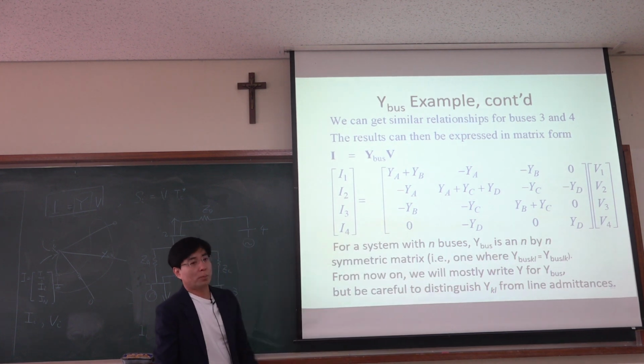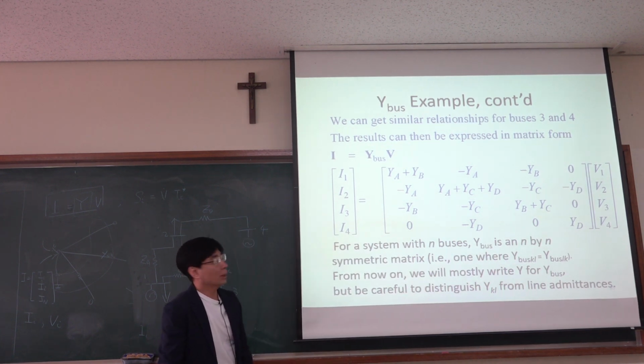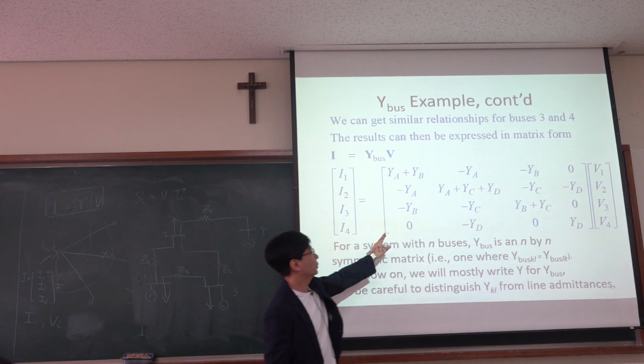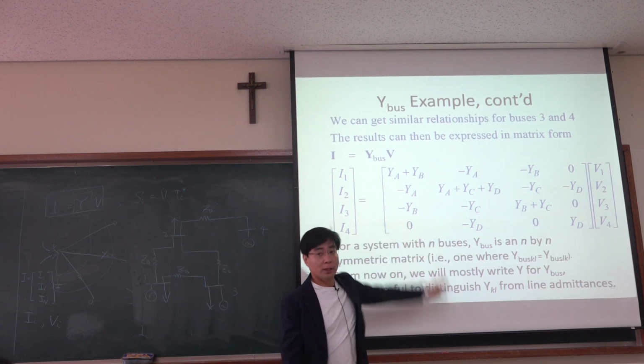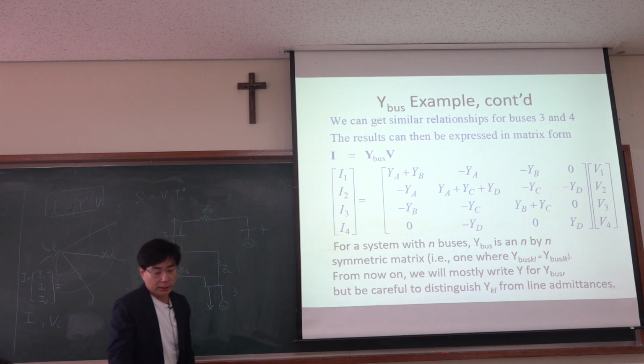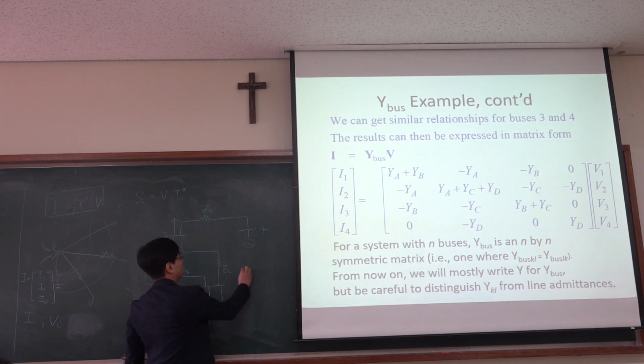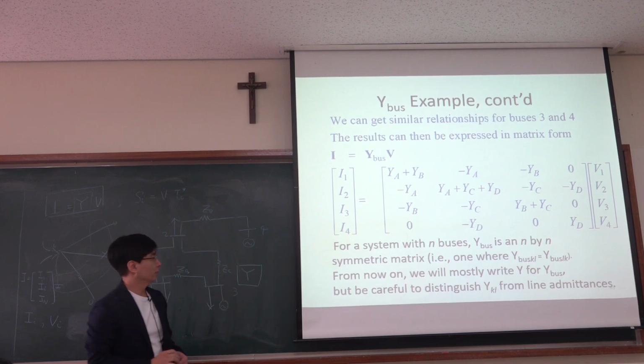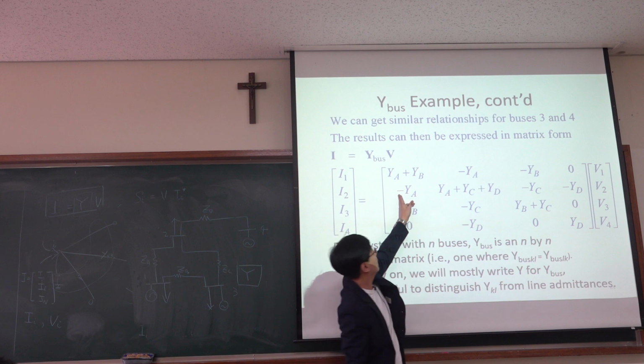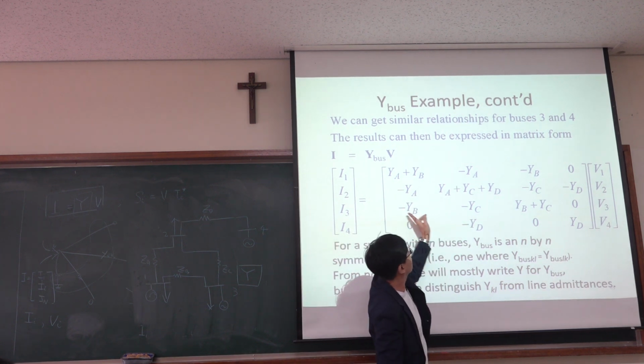And there is one more property I want to mention here. So what do you observe from this bus admittance matrix? Y bus or Y has some property. What is that? Yeah, this is symmetric. No? Minus YA, minus YA, minus YB.